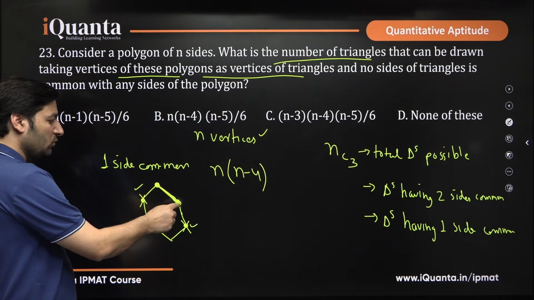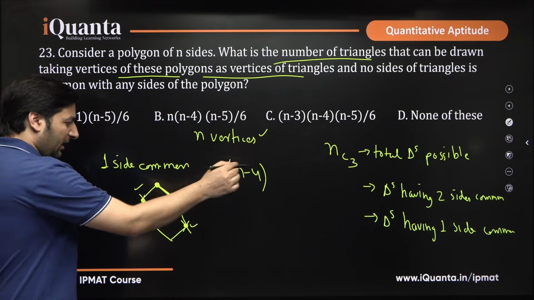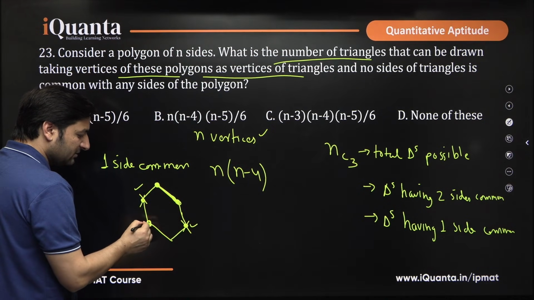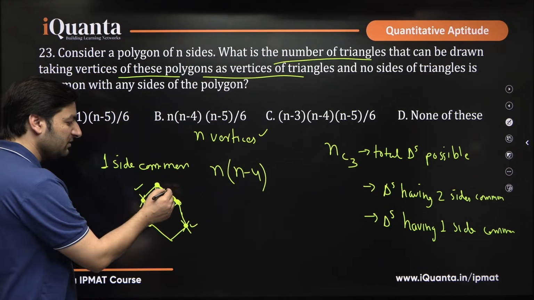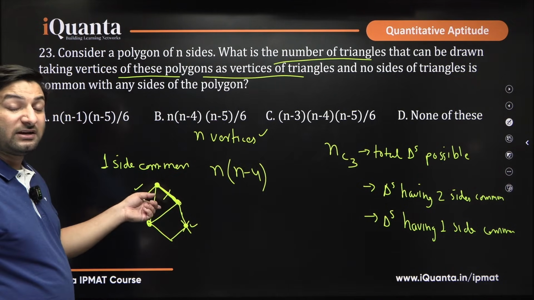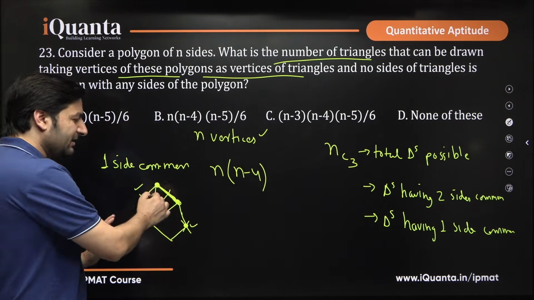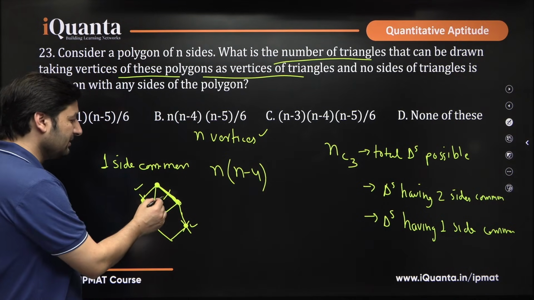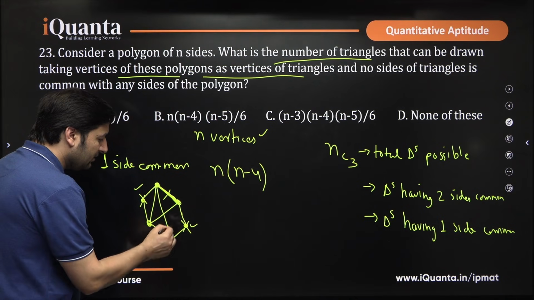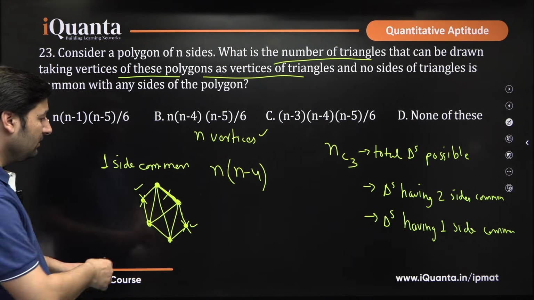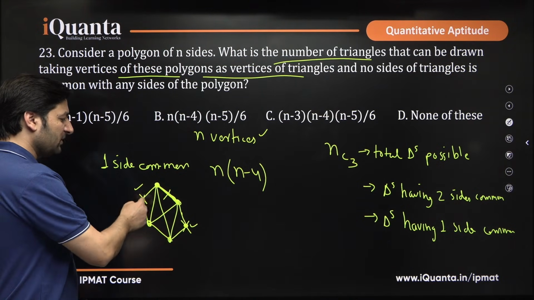One vertex gone, 2 gone, 3 gone, 4 gone. Because see, if you take this as the third vertex, this is the triangle formed. How many sides does this triangle have common with the polygon? They have one side common, that is what I want to say, right? So either you can make this triangle or this triangle, yes or no? So out of total n vertices, 1 gone, 2 gone, 3 gone, 4 gone.